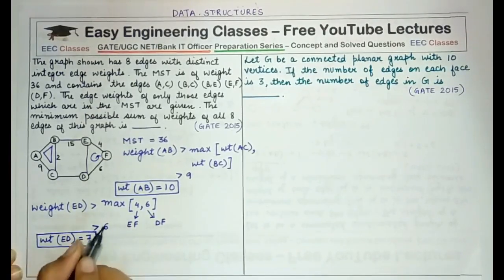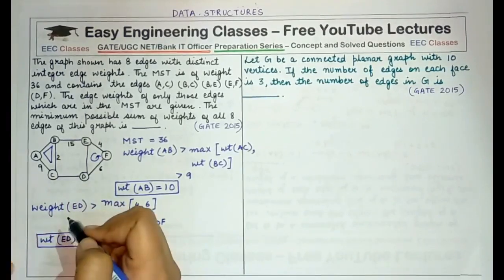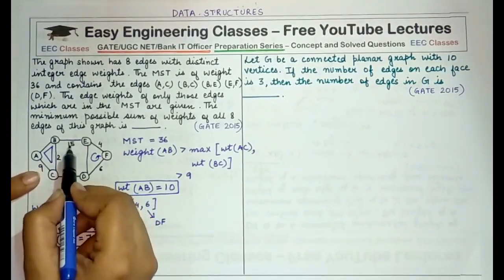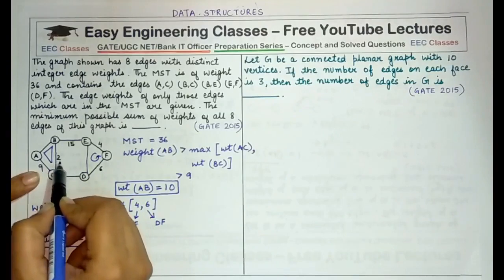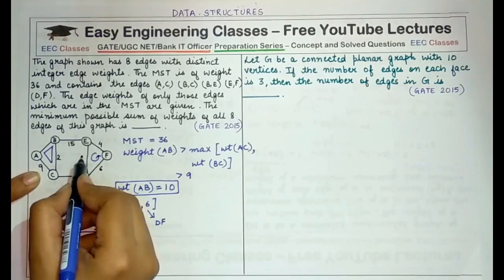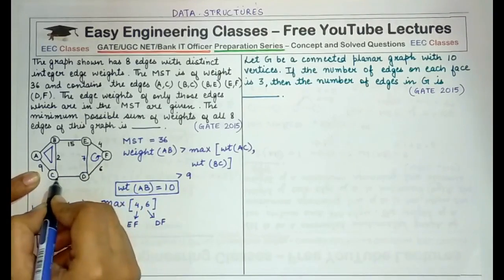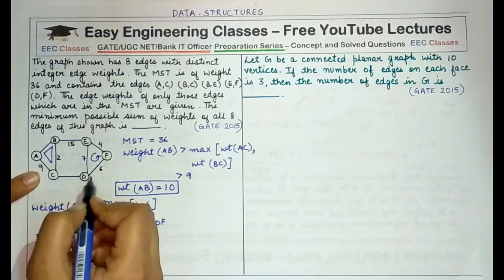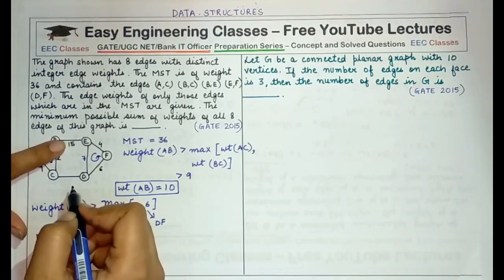And on similar grounds, if we have said that this is 15, this is 2 and this is the edge ED, which we have assumed to be 7, then CD would have been greater than 15.